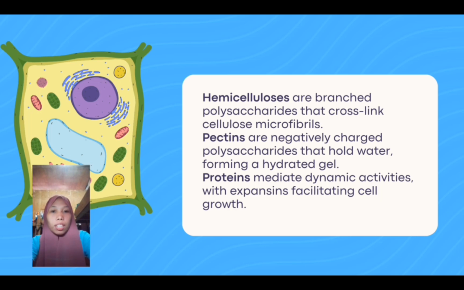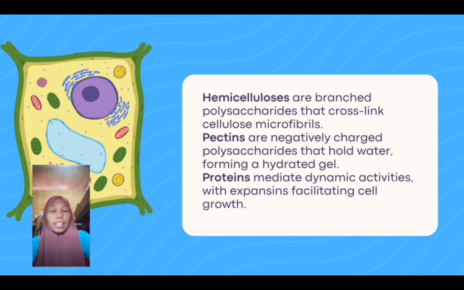So, the third one is proteins. Proteins mediate dynamic activities with expansins facilitating cell growth. So, ang proteins ay mahalaga para sa dynamic activities ng cell wall. Halimbawa, ang expansins ay isang uri ng protein na tumutulong sa cell growth by loosening parts of the cell wall.